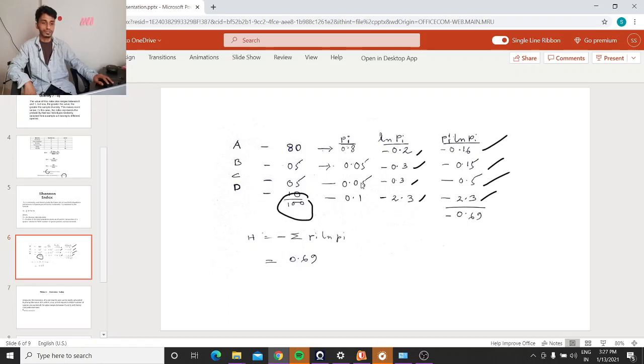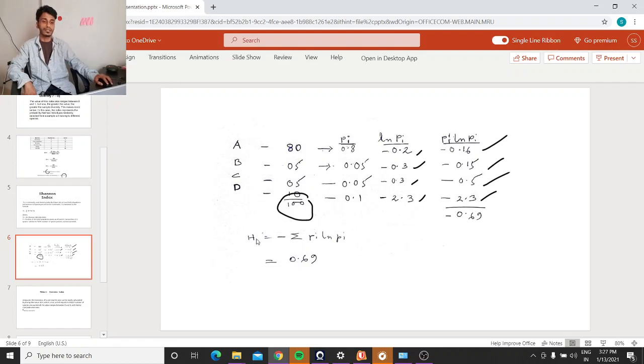So we'll get this value, and after getting the natural log of pi we will get 0, minus 0.2, minus 0.3, minus 0.3, minus 2.3. So after multiplying pi into ln pi we will get minus 0.16, minus 0.15, minus 0.15, minus 0.23. So the total is minus 0.69.